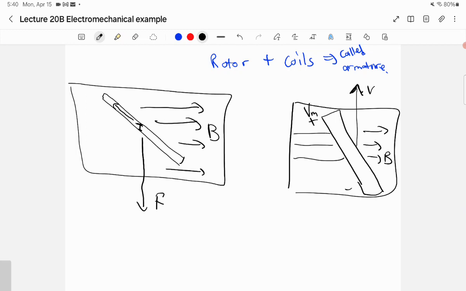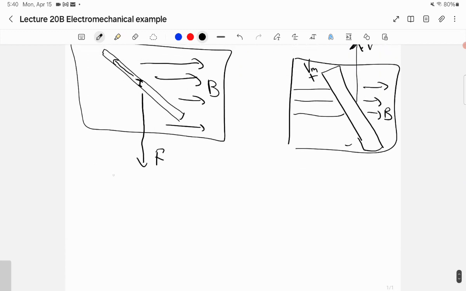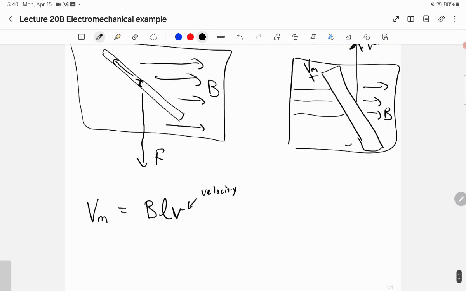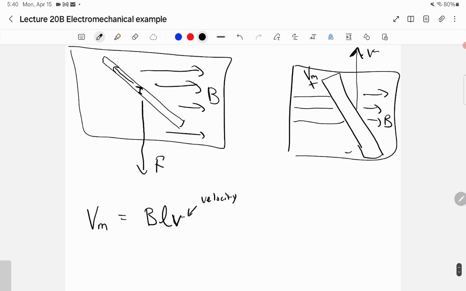Okay. So now we can write an expression. I'm trying to make sure that my velocity and my capital V for potential don't run together here.